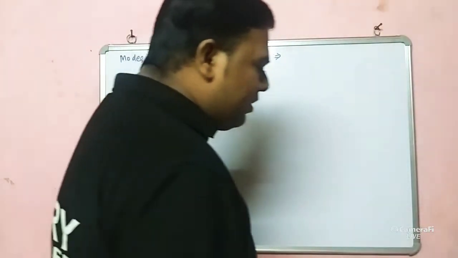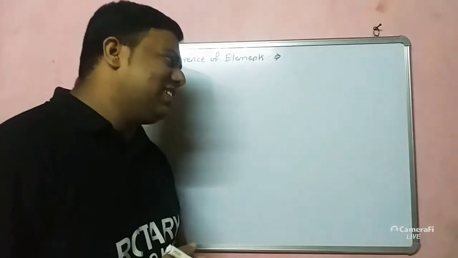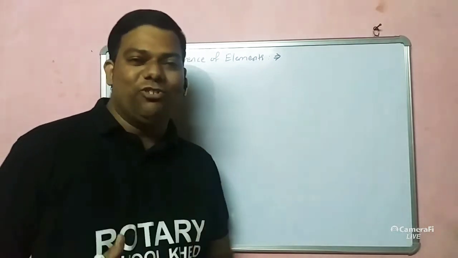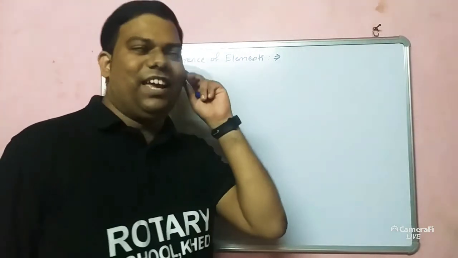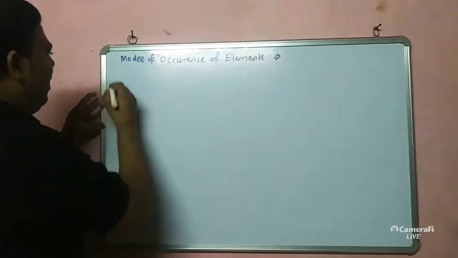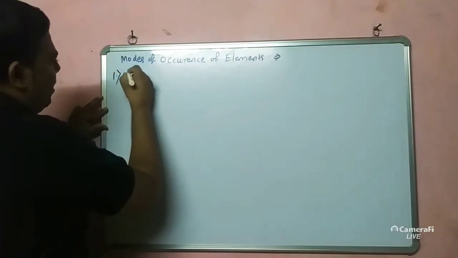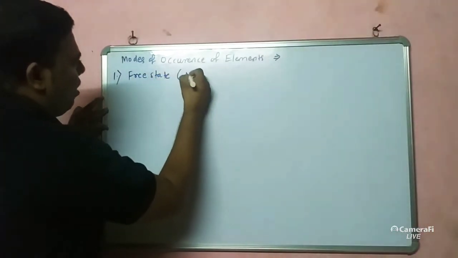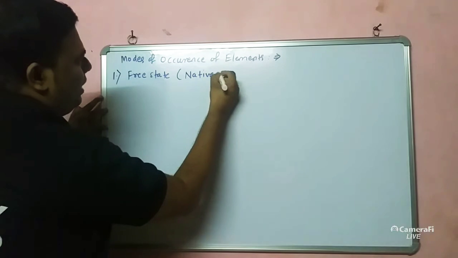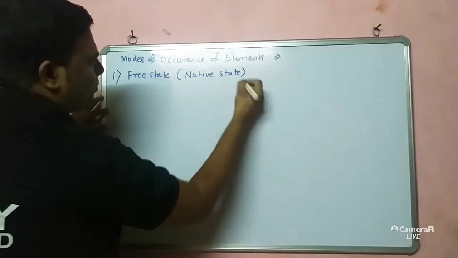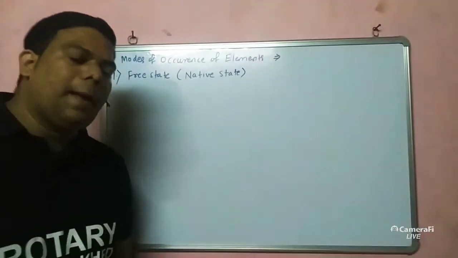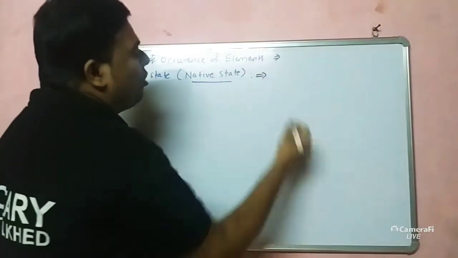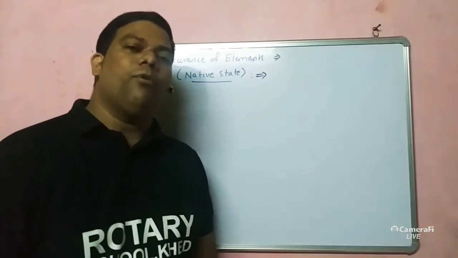As you know, elements generally occur in two states. Which states? Free state, which we call native state, and combined state. So we will first discuss the free state, the native state. Now, free state or native state means it belongs to which type of metal?